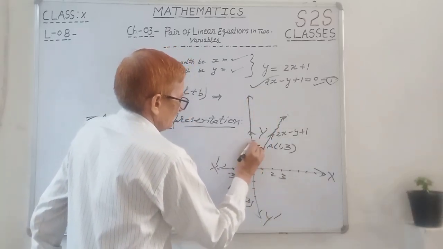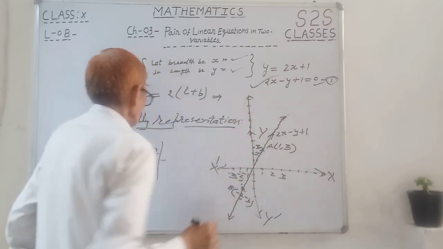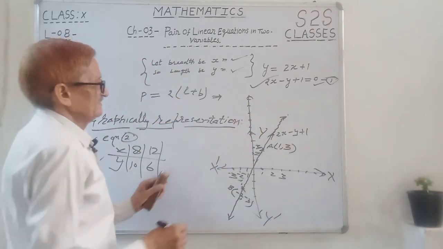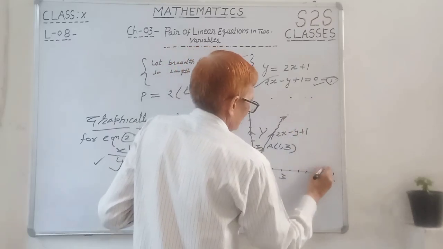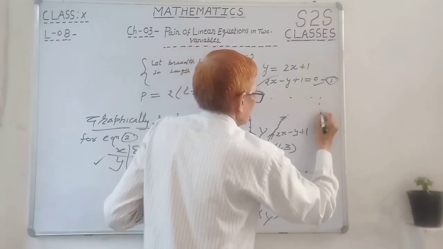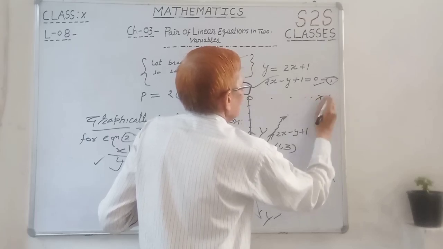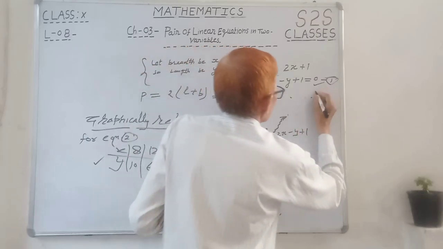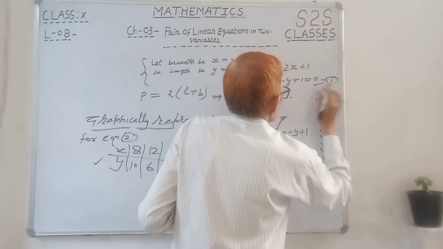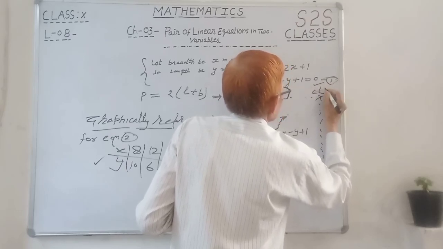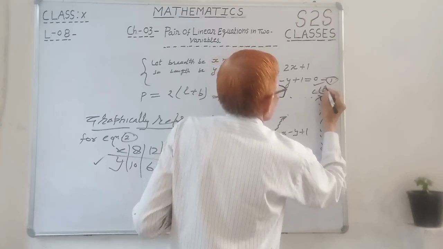One, two, three, four, 5, 6, 7, 8, 9, 10. So y is 10 and this perpendicular upward. So this point will come, let this be point C, 8 comma 10.